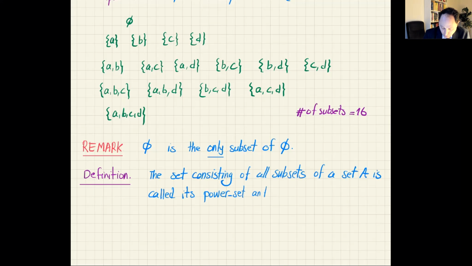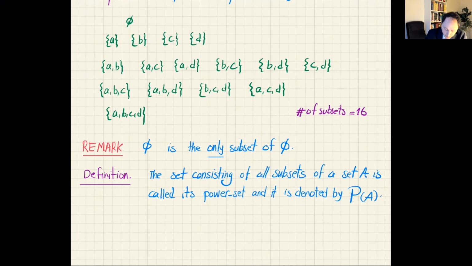And it is denoted by, so you have this calligraphic P, it's hard to write, but something like this, and then you have this. Yeah, let me write it easier. So let me make the P a little bit bigger like this. So this is called the power set.